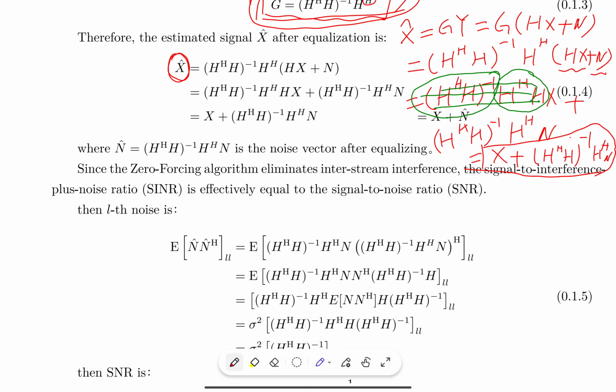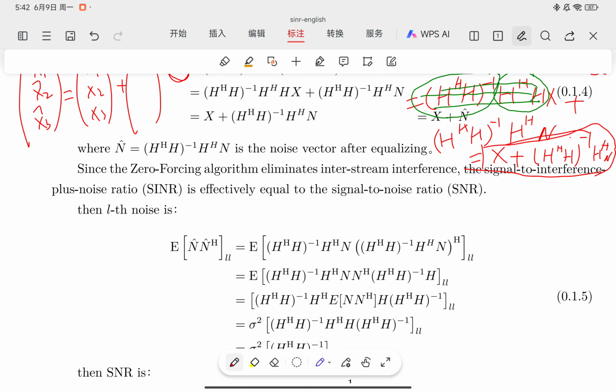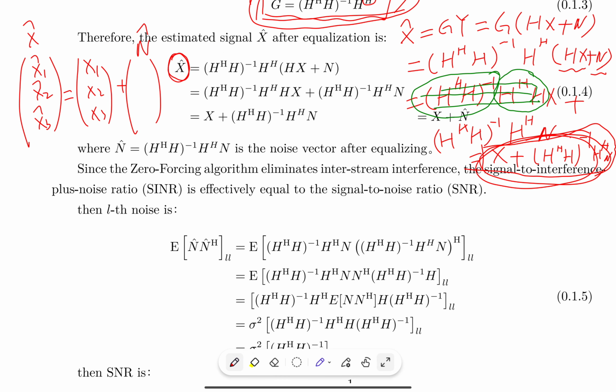In this one, we can see X hat is like X1, X2, X3. There are three elements. So it is equal to X1, X2, X3 plus this, which we call n hat.